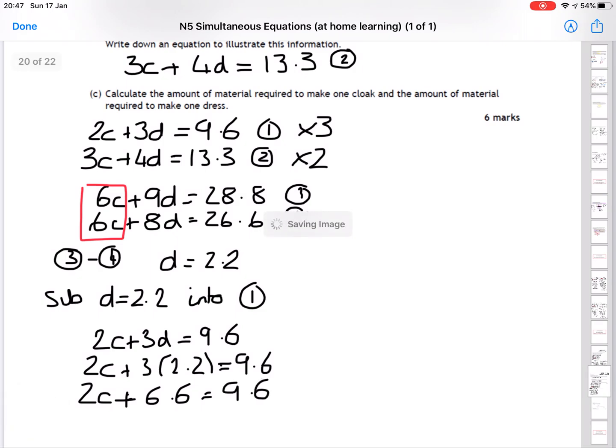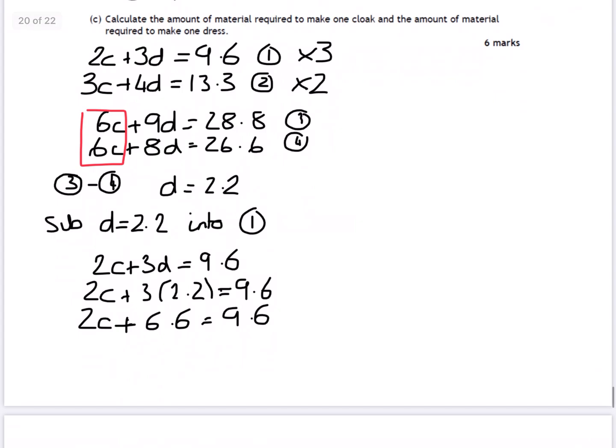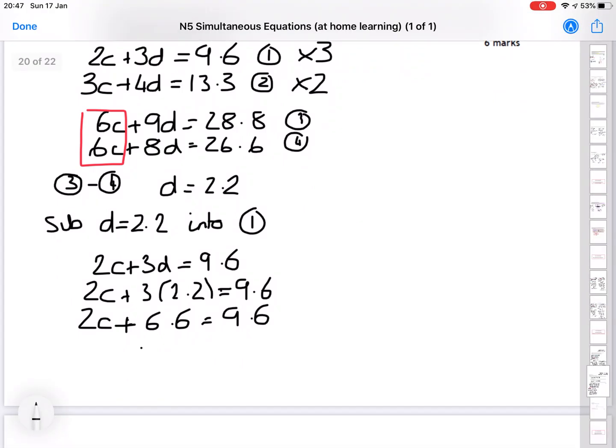And then we're going to be subtracting 6.6 from each side. So minus 6.6 from both sides. So we're going to have 2c equals 3, and then we'll divide both sides by 2. So c is going to be equal to 1.5.